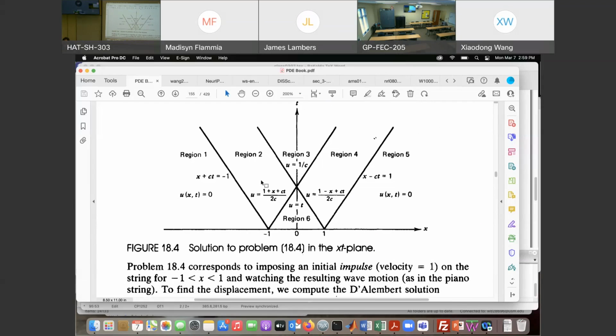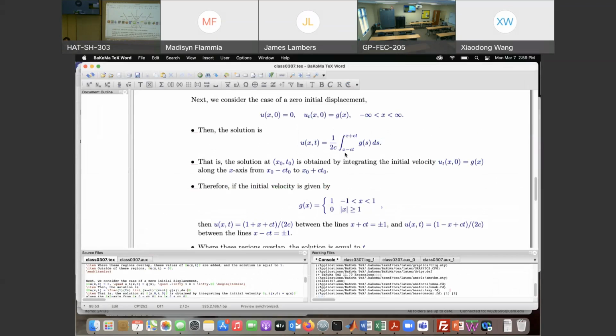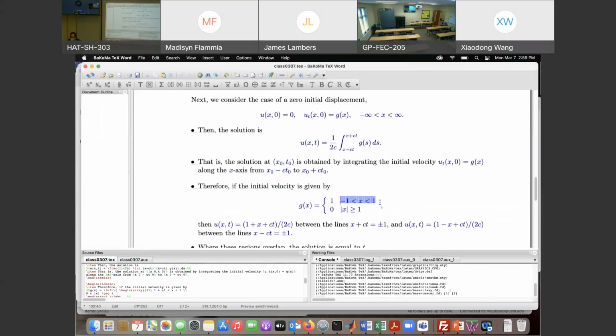The idea is this. When we look at the solution formula, you're integrating from x minus ct to x plus ct, but keep in mind that this initial data is only non-zero between minus 1 and 1. So really there are 2 intervals to consider: the interval where the data is non-zero, and the interval from the solution formula.